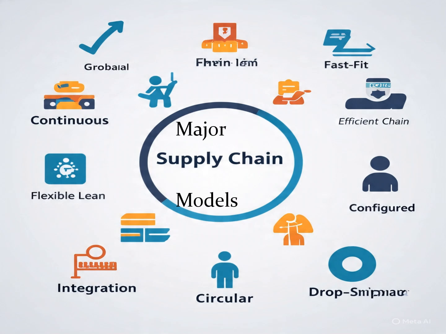Custom configured model. 6. Flexible supply chain model. 7. Lean supply chain model. 8. Integrated supply chain model. 9. Vertical integration model. 10. Drop shipping model. 11. Circular supply chain model. 12. Global supply chain model. Now let's discuss these one by one.